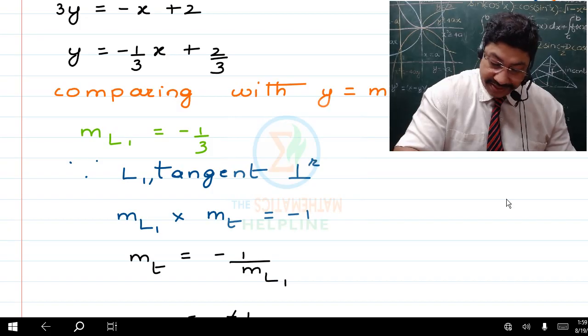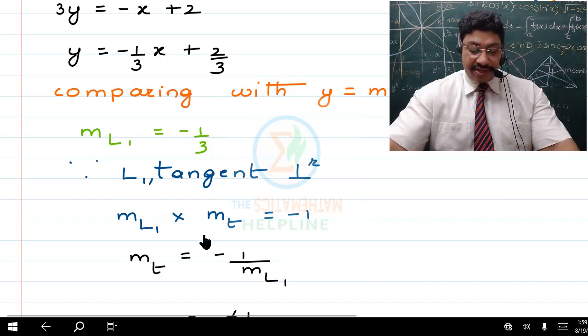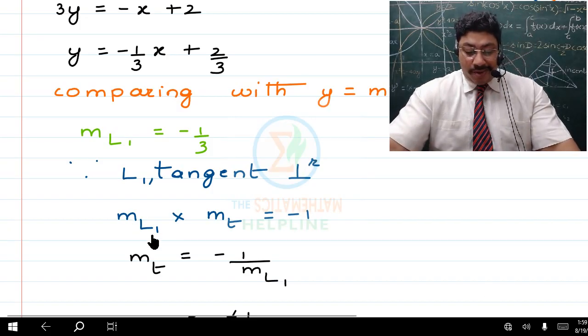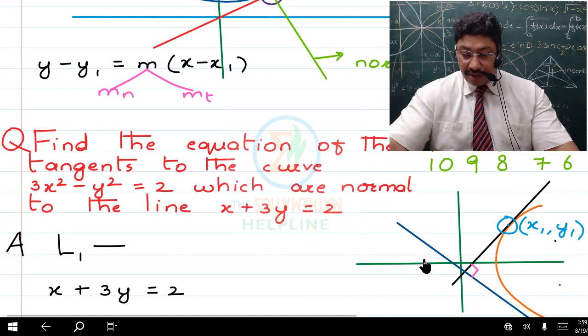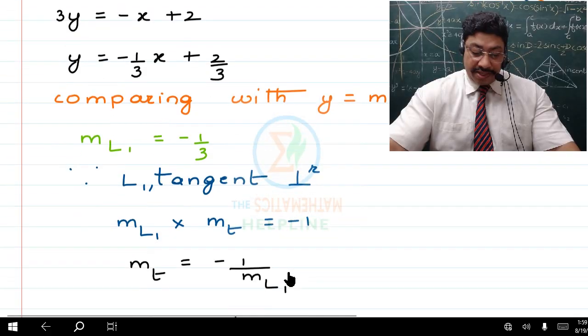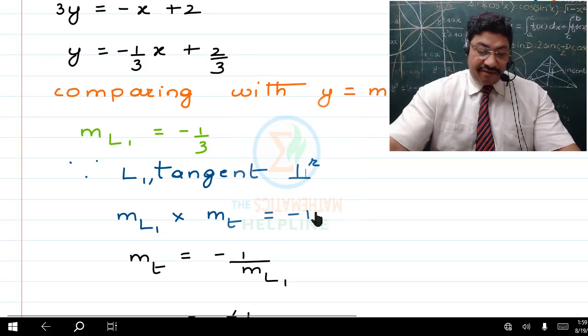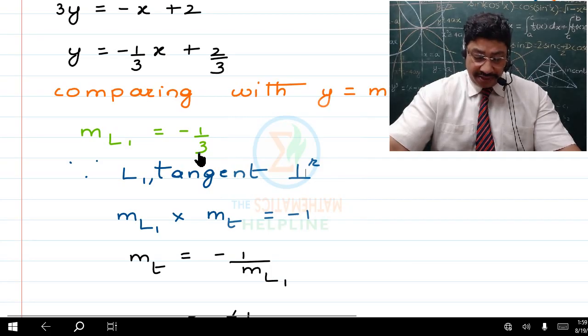And since both of these are perpendicular, obviously the slope of the line L1 into the slope of the tangent will become equal to minus 1, right? We've already found out the slope of the straight line, which is minus 1 upon 3.